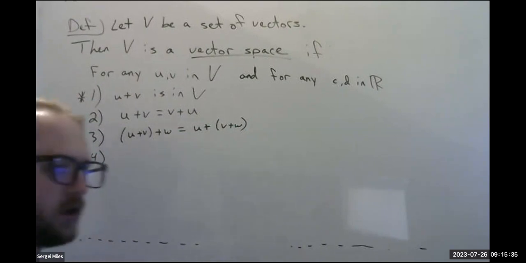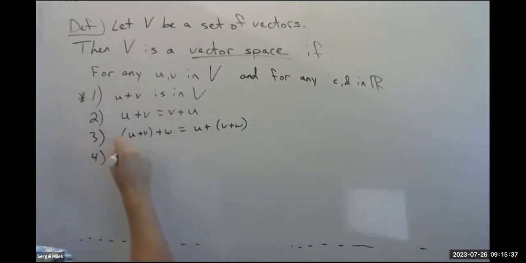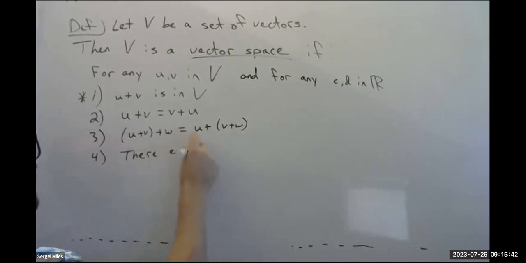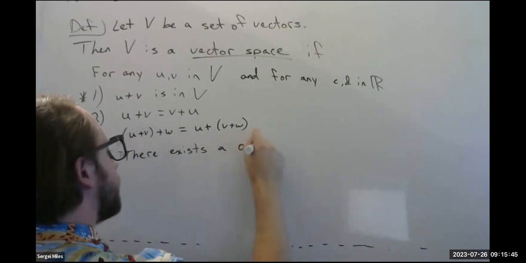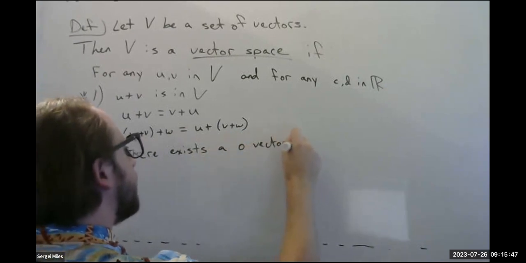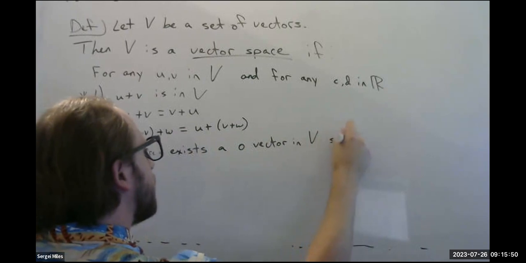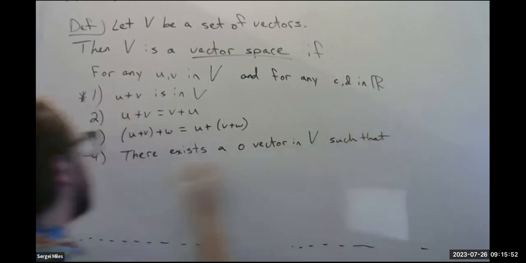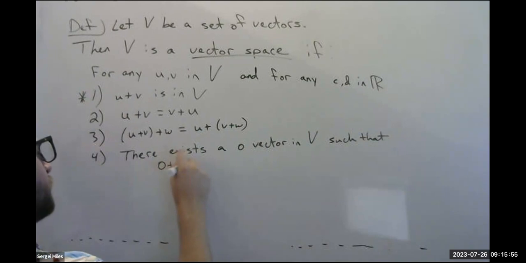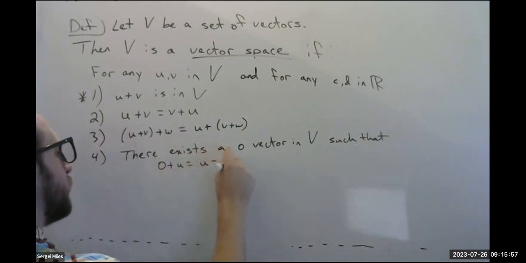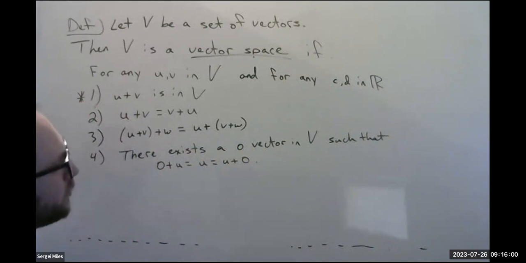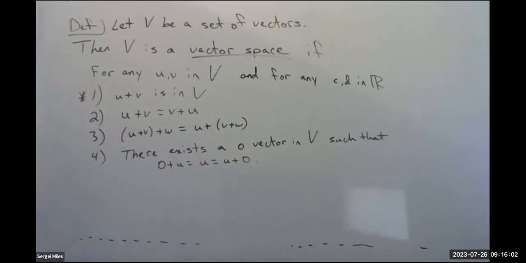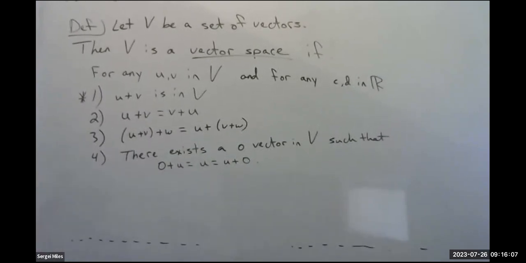Okay, number 4, we want to say that there exists a 0 vector, this one's key, in V such that 0 plus u equals u, and it doesn't really matter which order we do this in. If I add 0 to a vector, I'm supposed to get back the original vector. This one can be key because depending on what set you have, the 0 vector might not be in there.